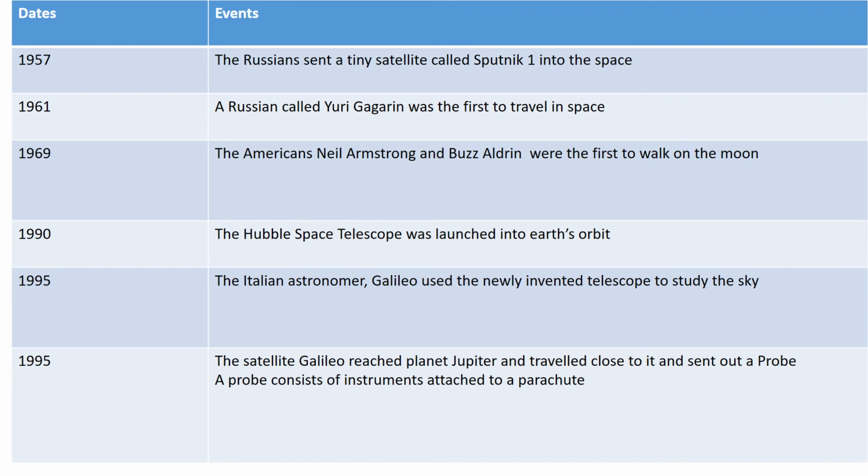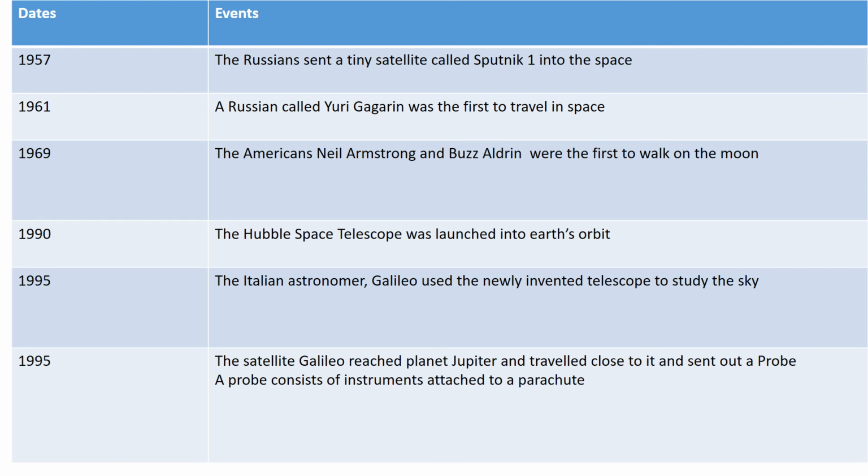In 1961, a Russian called Yuri Gagarin was the first to travel in space. In 1969, American Neil Armstrong and Buzz Aldrin were the first to walk on the moon.